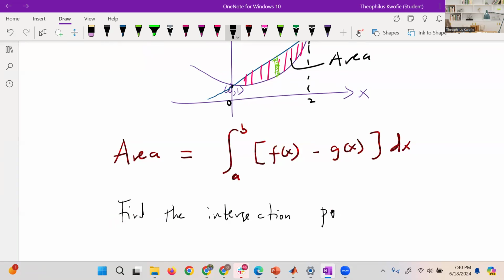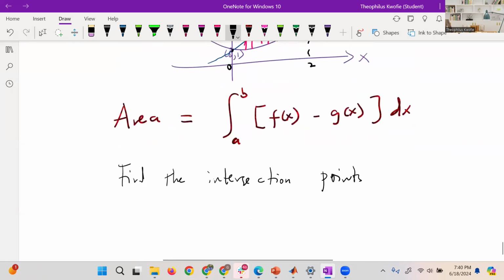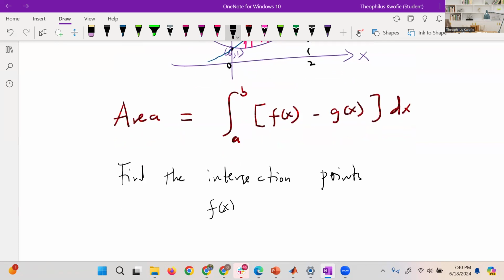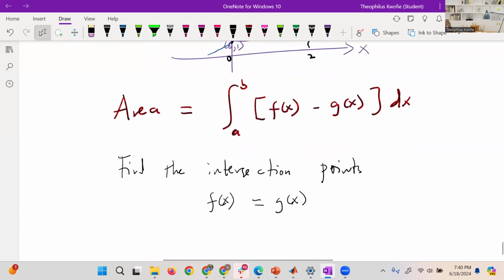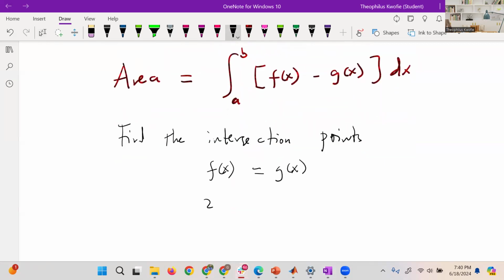To find the intersection points, we need to equate them together. Your f of x should be equated to g of x. What is your f of x? From the question, our f of x is 2x plus 1, and g of x is x squared plus 1.